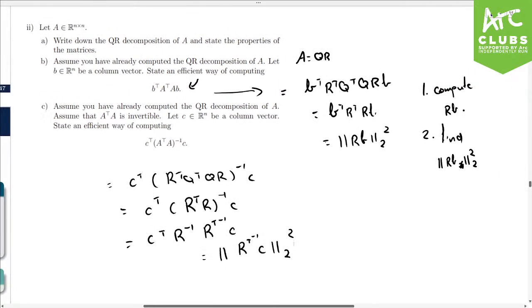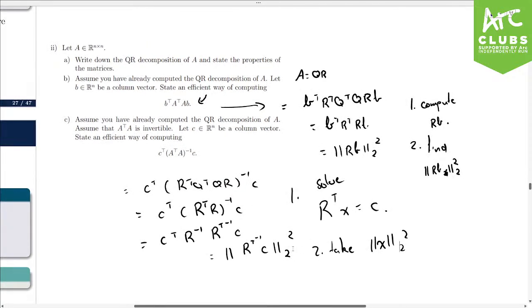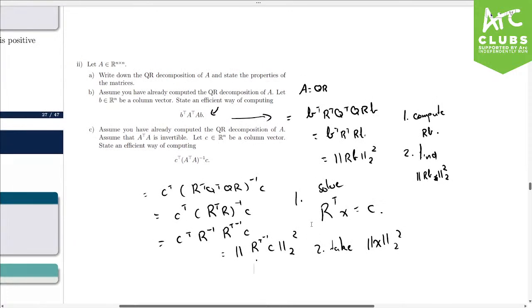So what we can do is, since R is triangular, we can quite efficiently solve the linear system R transpose X is equal to C. So the first step will be to solve this, and then take the squared 2 norm of X. So we don't explicitly find the inverse of this, rather we want to just find the whole thing by solving a linear system.